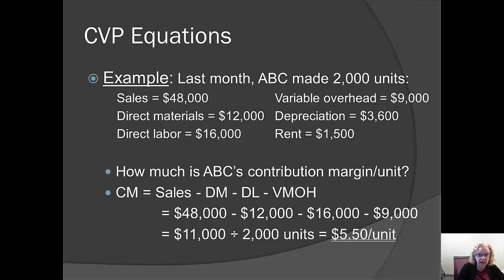Well, initially, each unit that's sold contributes its contribution margin to covering fixed cost. But once fixed costs are covered, each additional unit sold contributes its $5.50 to firm profitability.